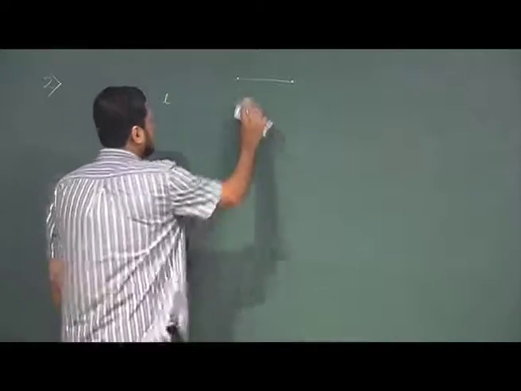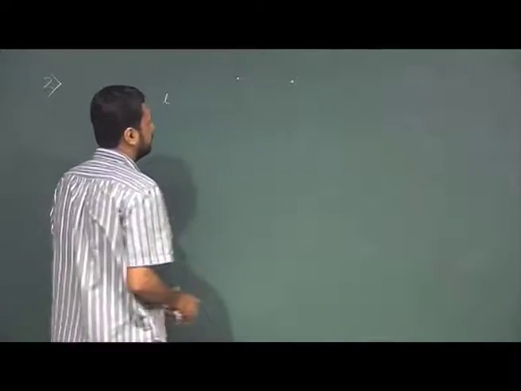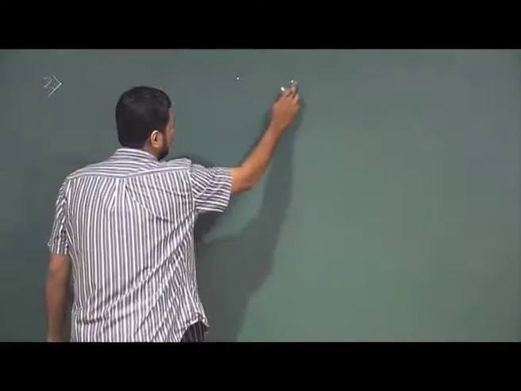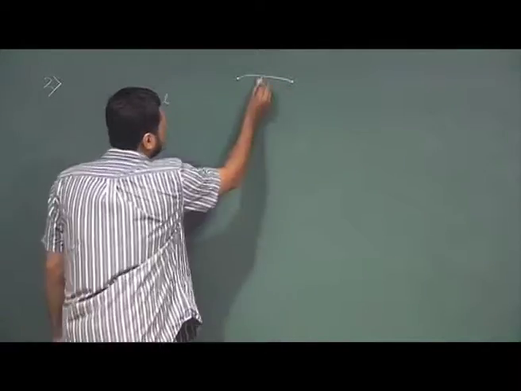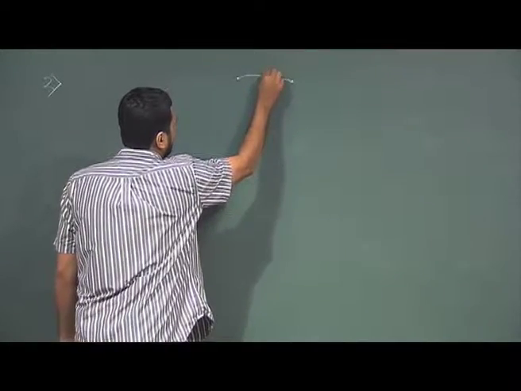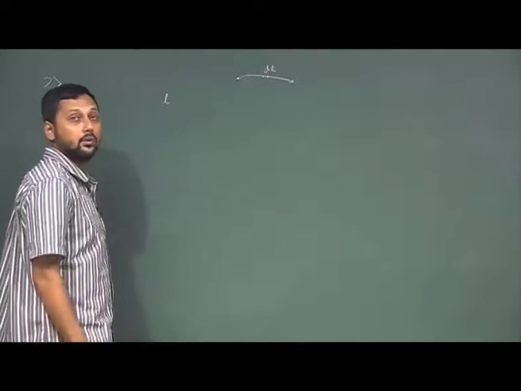We should not draw a straight line, because this is something we have to prove here. So, let us say this is a curve which joins these two. What we do is take a small length element dl on this curve.